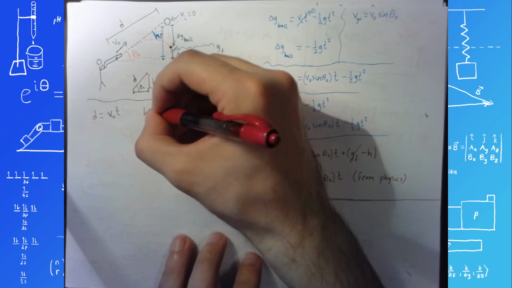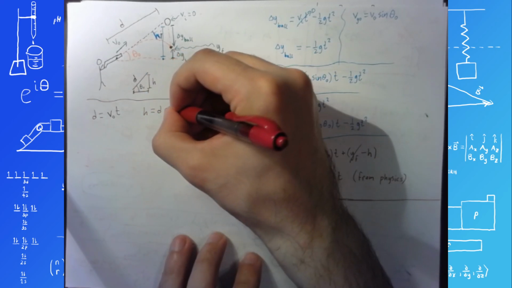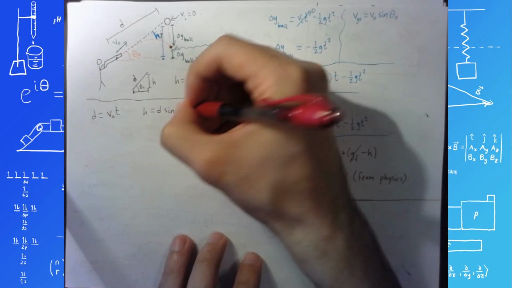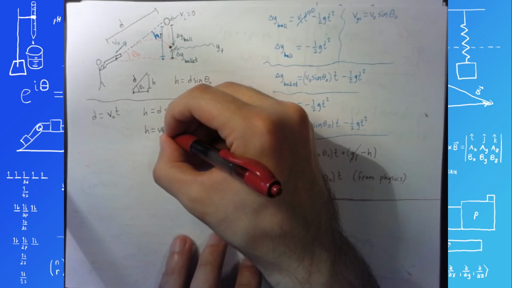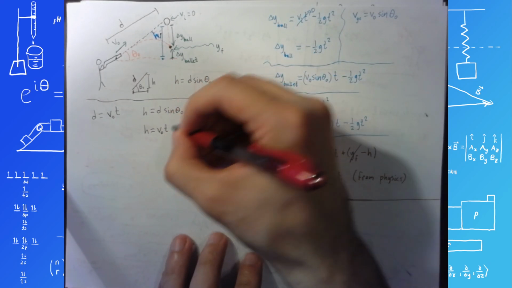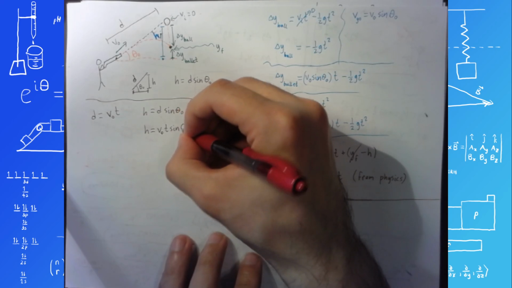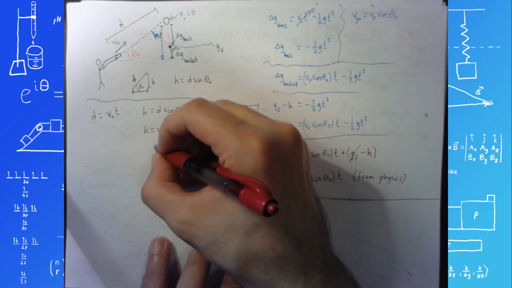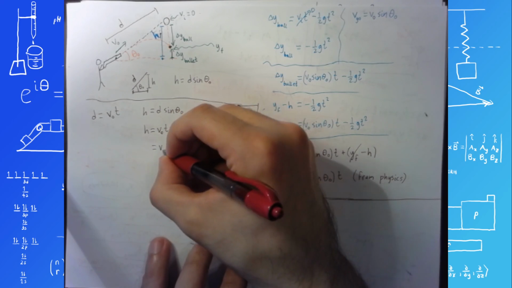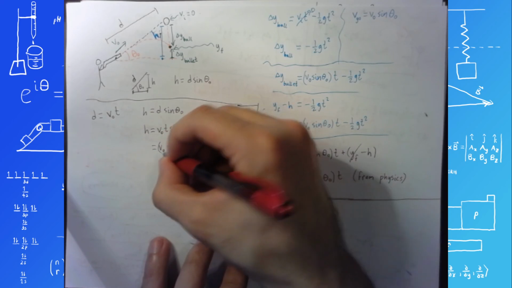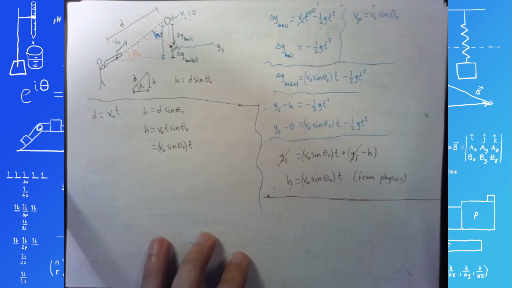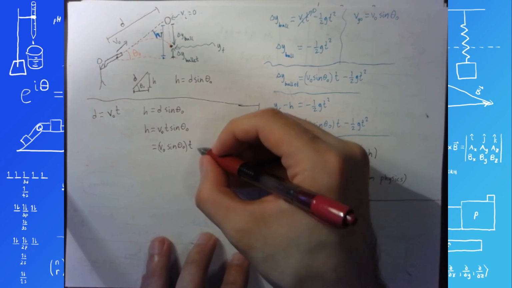Oh, if h is equal to d sine theta 0, then h is equal to v0 times t times sine of theta 0. But wait a minute. This is the same as v0 times sine of theta 0 all times t, which should look familiar.